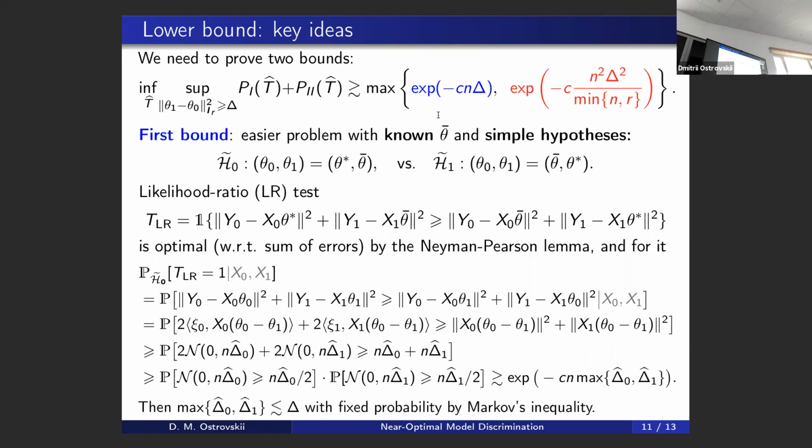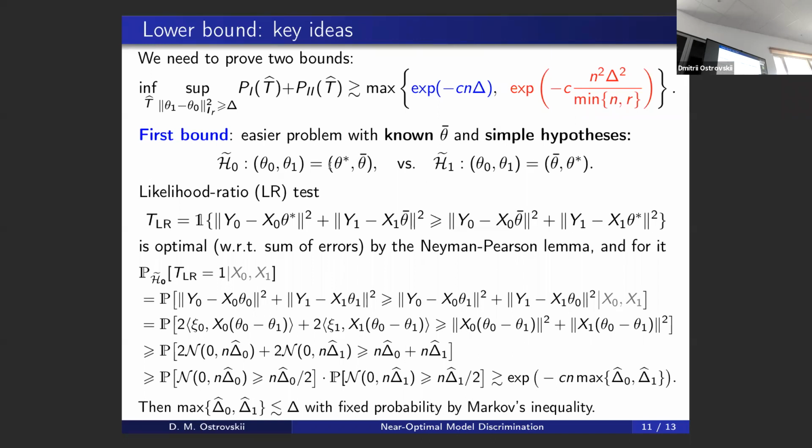So let me briefly tell you how to show this. You need to prove two bounds separately. One is rank independent, another one is rank dependent. For the rank independent part, it's easy. You consider an easier problem where theta bar is known.